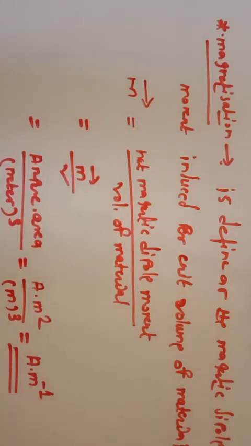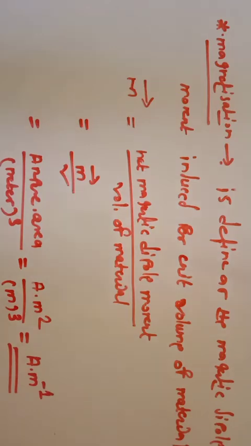So what is this magnetization? Magnetization is defined as the magnetic dipole moment induced per unit volume of a material. So it is the ratio of net magnetic dipole moment to the volume of material. The unit of current is ampere, and the unit of volume of the magnetic material is meter cube.